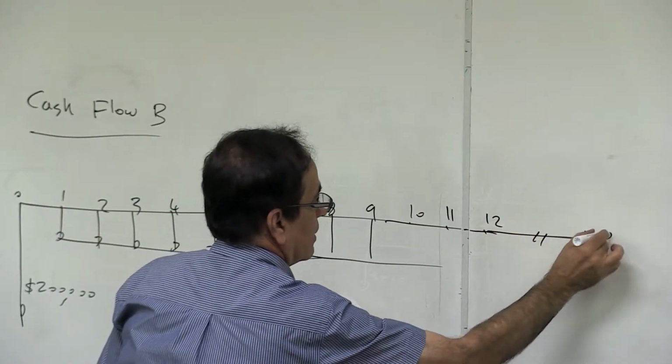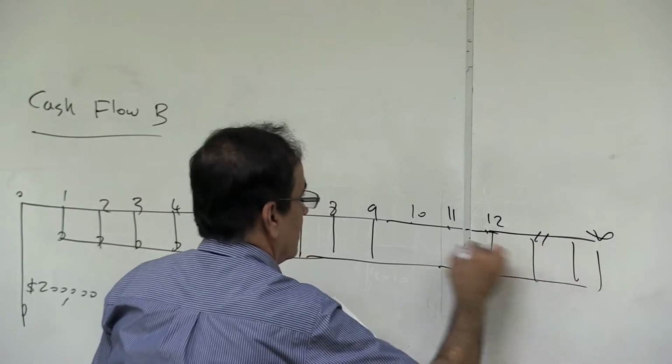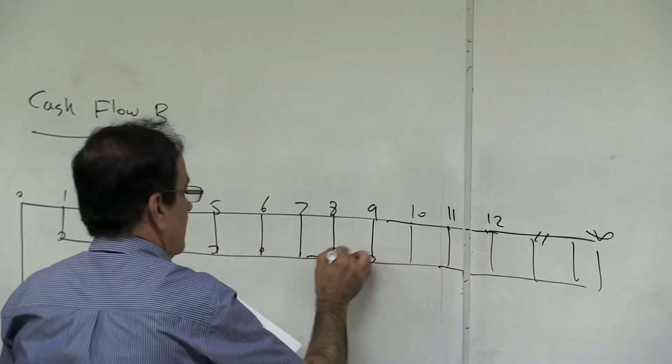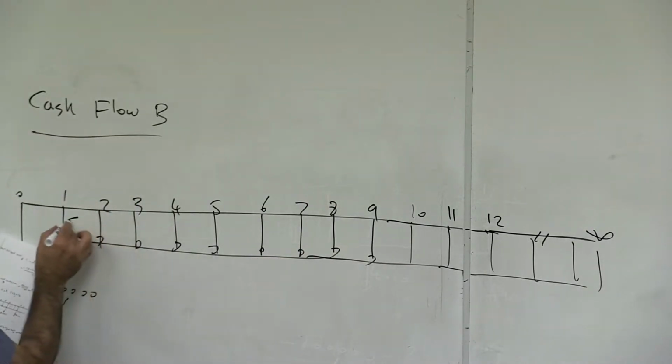I'm going to here say continue to infinity. So these are the costs that are going to go forever. And the size of those costs, 24,000.